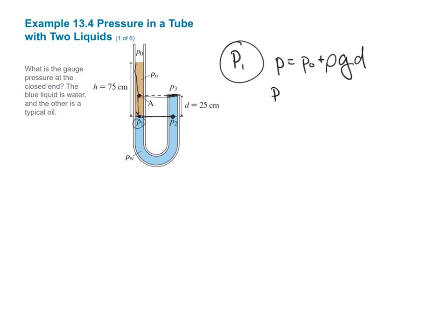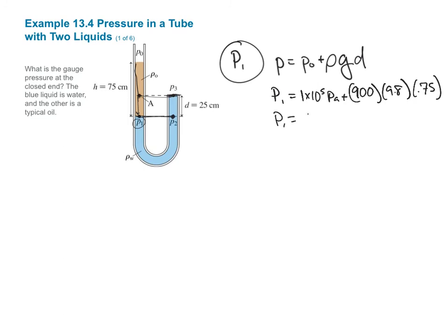Pressure at point 1 equals the pressure at the top, 1 atm, which is 1 times 10 to the 5th pascals, plus the density of oil. Now, side note, I haven't actually included those densities on this slide, but they are listed in a table in your homework. The density of oil is 900. Gravity is 9.8. And then the depth there is 75 centimeters, which is 0.75. So you type that into a calculator and you get some number for P1.